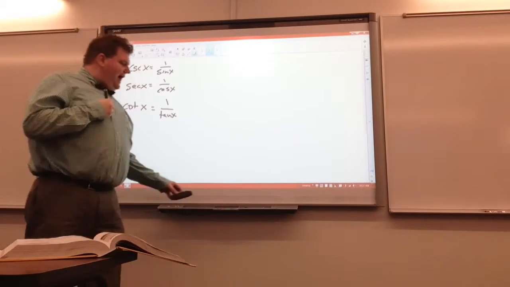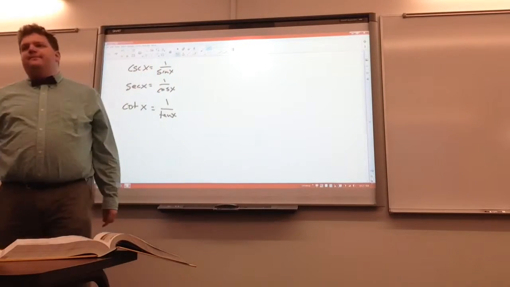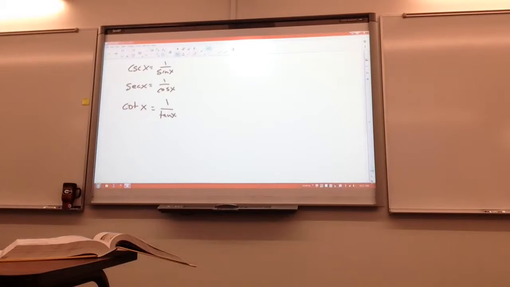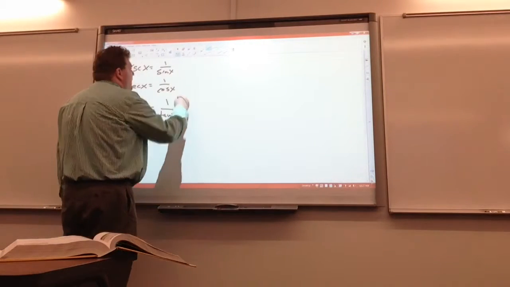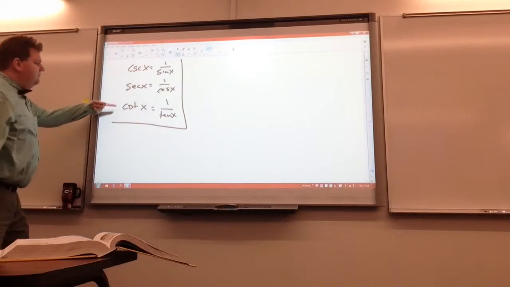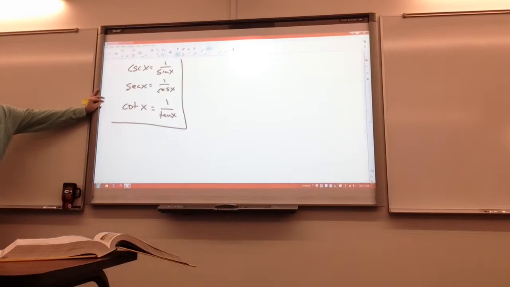Now, you do have to occasionally be careful with these things, especially when you're entering them in a calculator. It really only happens with cotangent and tangent, where if I'm trying to solve a cotangent where the tangent's undefined, it could throw this thing off.